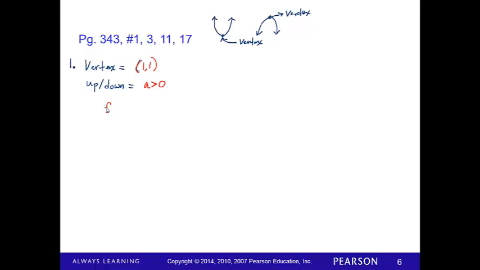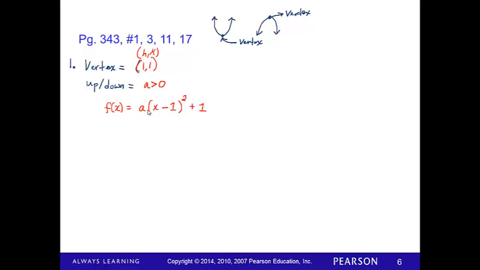Now, our function should look like f of x equals a times parentheses x minus h, so the h goes here, whole thing squared, plus k. So h in this problem is 1, so we're going to put the 1 there. And k in this problem is 1.